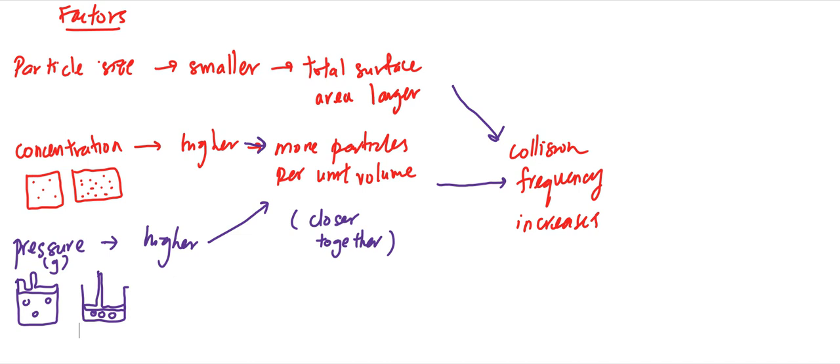Now, just because two particles collide doesn't mean there is a reaction. Sometimes there is a reaction, sometimes there is no reaction. When there is a reaction, it's called a successful collision or effective collision. Sometimes they just collide but nothing happens. Sometimes they collide and there is a reaction.